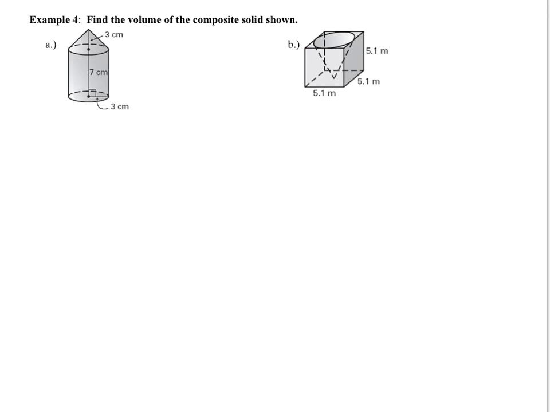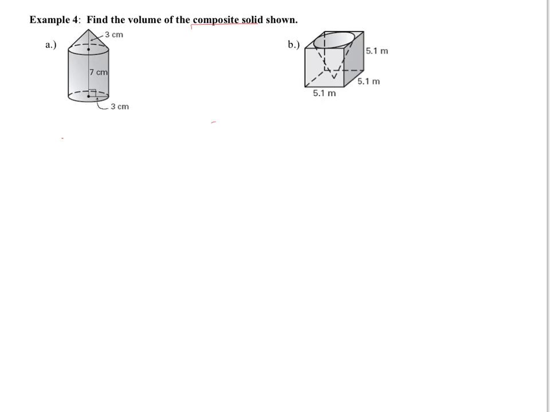Example 4. Find the volume of the composite solid shown. Composite solid just means that you have different kinds of solids that are attached to each other. Anyway, part A, we have a cylinder and a cone.